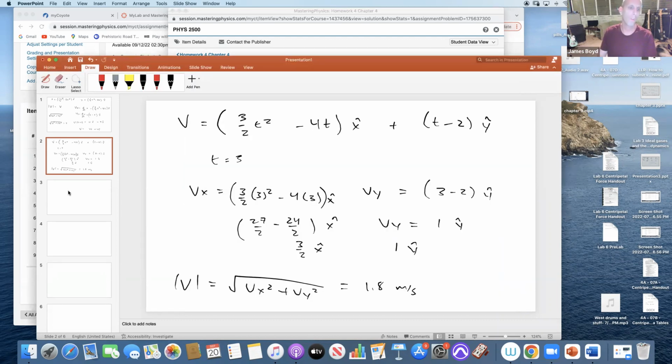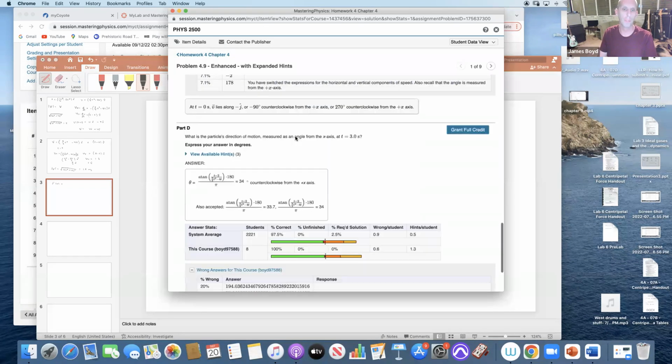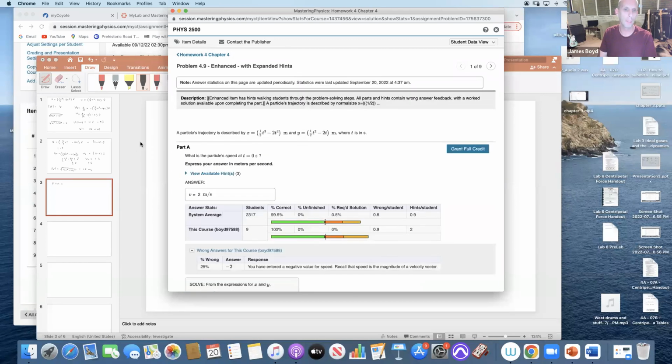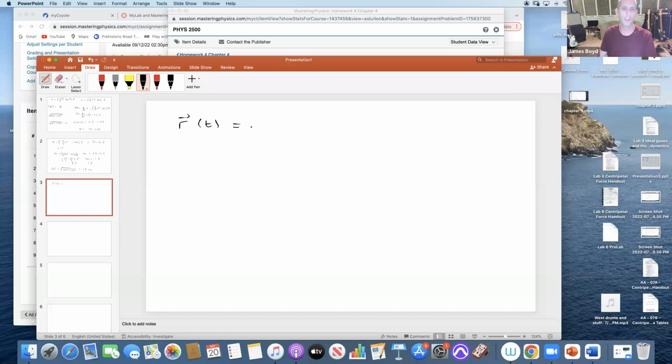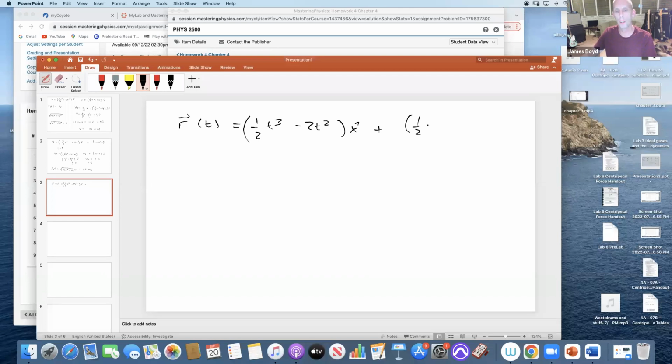What we need is to find our displacement vector, which, if we go to the top, was 1/3 t cubed minus 2t squared in the x hat plus 1/2 t squared minus 2t in the y hat.